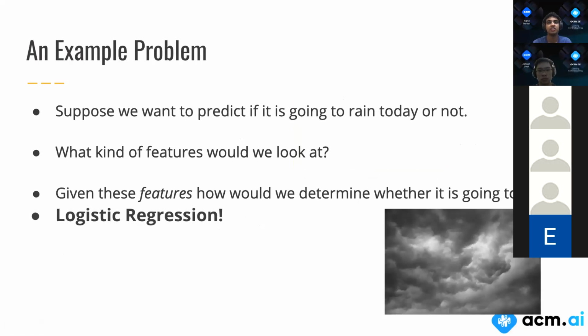The obvious question, which we asked last time too, but we want to ask again this time, is what kinds of features would we want to look at? When you go outside, what do you all look for to figure out, is it going to rain today or not? Clouds, definitely a good choice. Humidity.